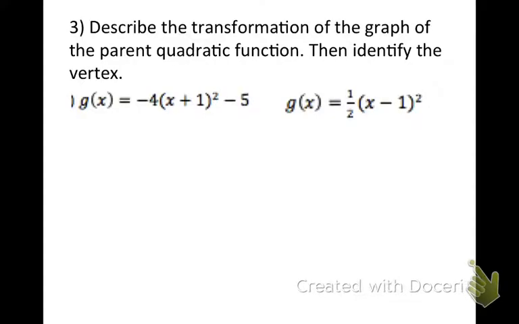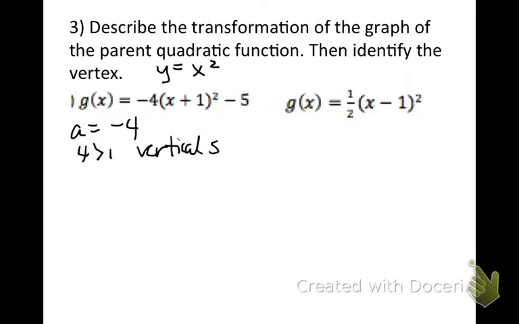On number 3, we're going to describe the transformation of the graph from the parent function, which is f of x, or y equals x squared. So notice our a value is negative 4. Since 4 is greater than 1, I have a vertical stretch. Since a is negative, I have an x-axis reflection.